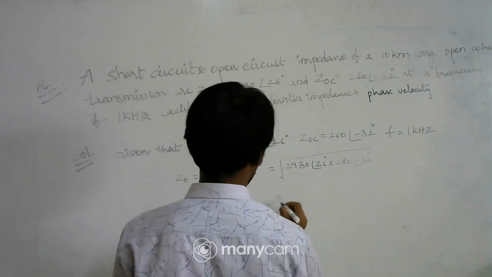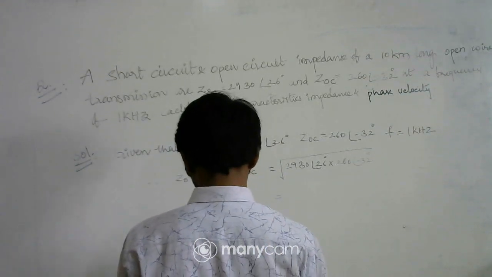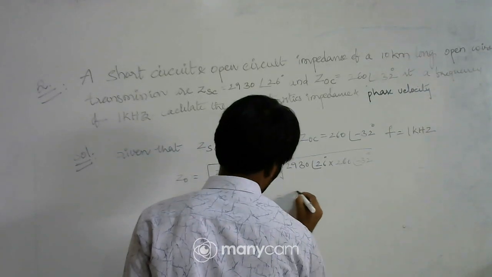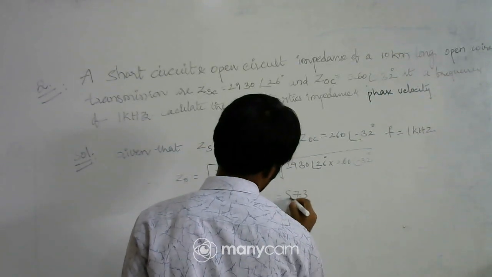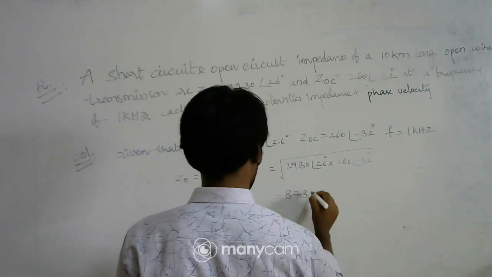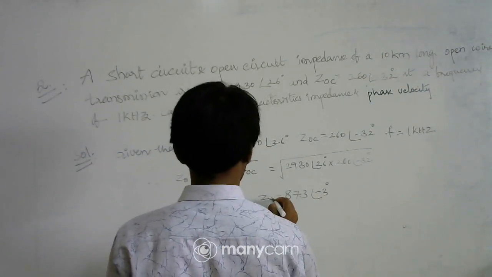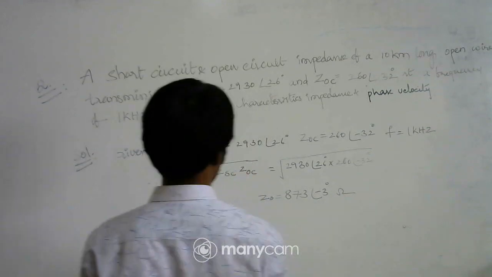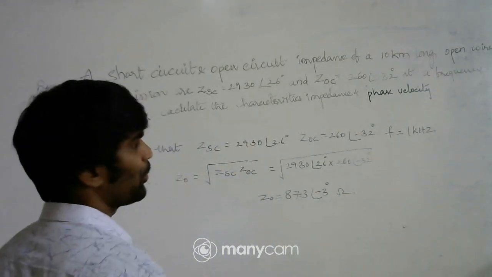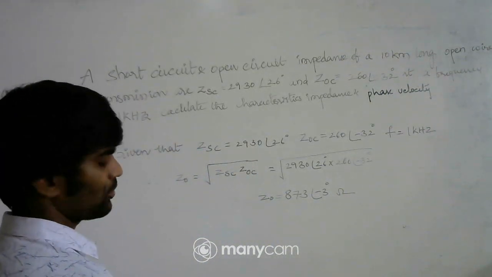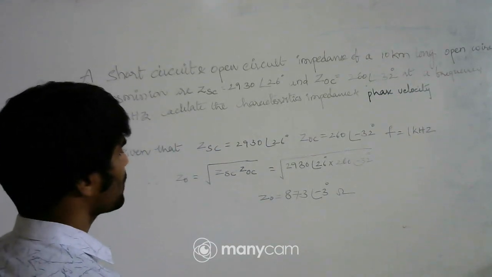Simplify this expression and you will get 873 angle minus 3 degrees ohms. This is the characteristic impedance of the circuit.